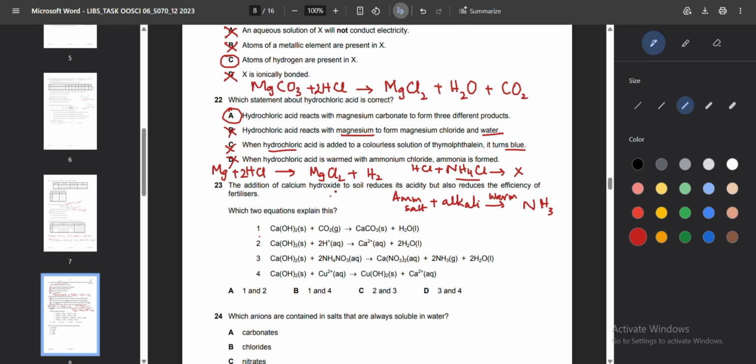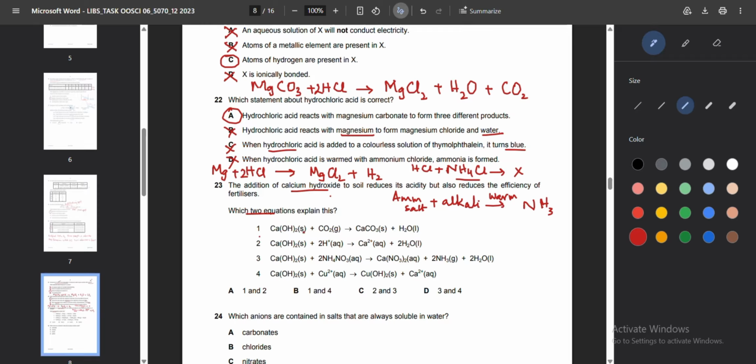The addition of calcium hydroxide to soil reduces its acidity but also reduces the efficiency of the fertilizer. Okay, so which two equations explain this? So we know that if the soil is acidic, it is acidic due to the presence of H positive ions, and calcium hydroxide is alkaline in nature, so it will neutralize the acid and as a result water is formed.